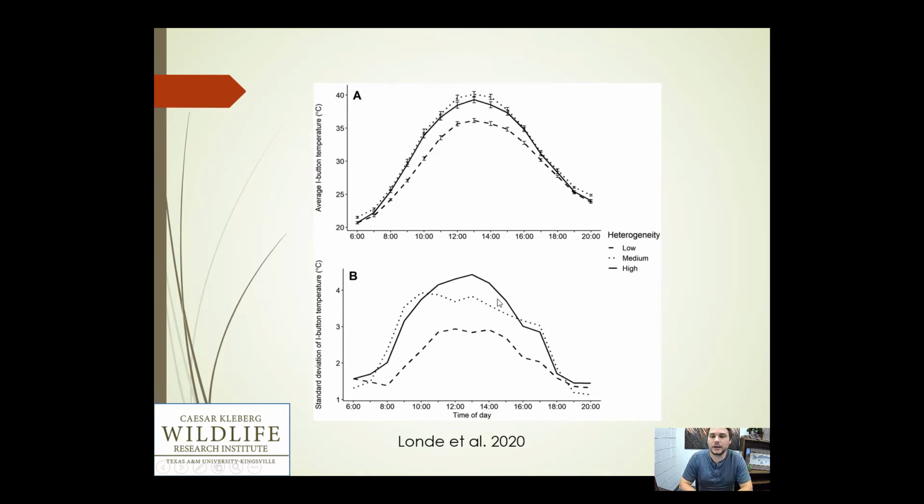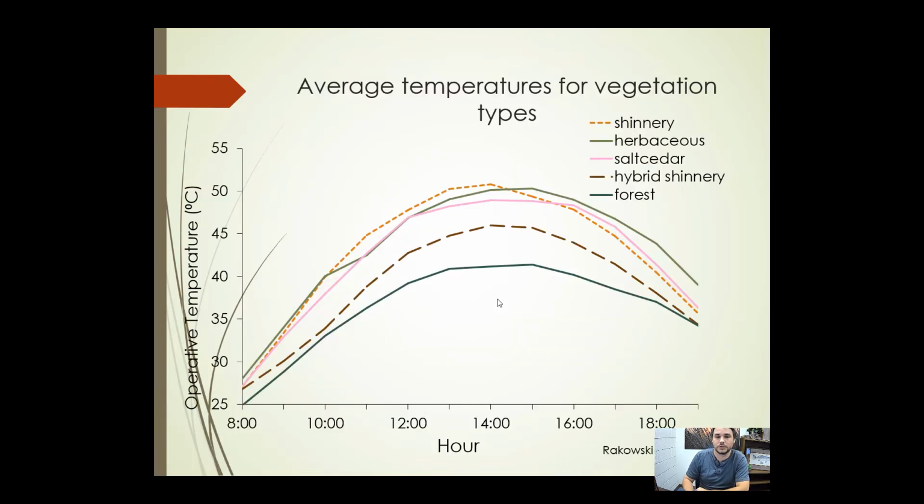Basically meaning that heterogeneity means more thermal options for organisms in those landscapes. We can look at species-specific or vegetation cover-specific options and see things like forest cover and the range in temperatures across the day under a forest are much different than under shinnery oaks or salt cedar or even hybrid shinnery oaks.